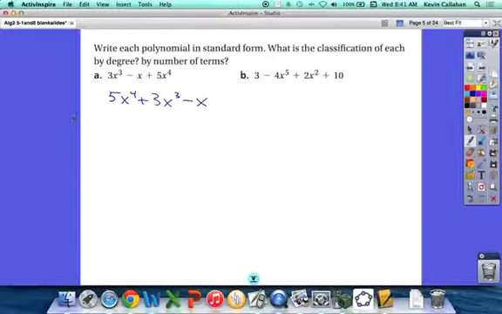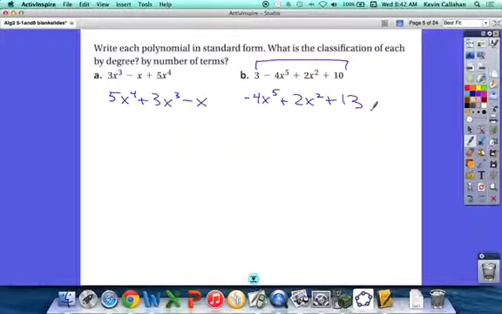Right, how is this one rewritten in standard form? Negative 4x to the fifth. Next, 2x squared. Next. Can you? Yeah, you can, and you have to. Plus 13.